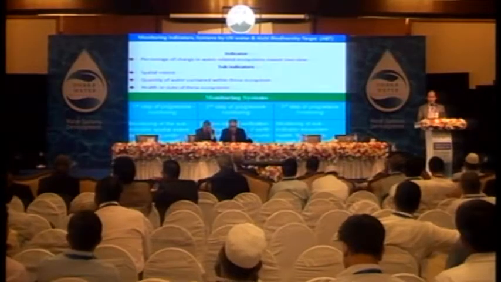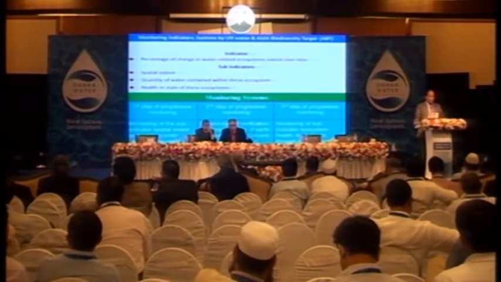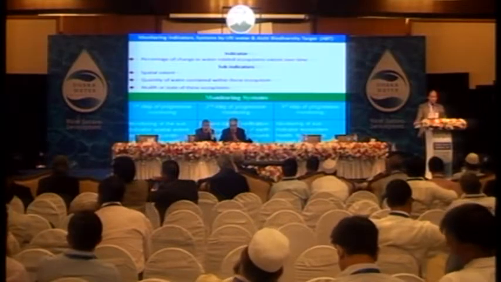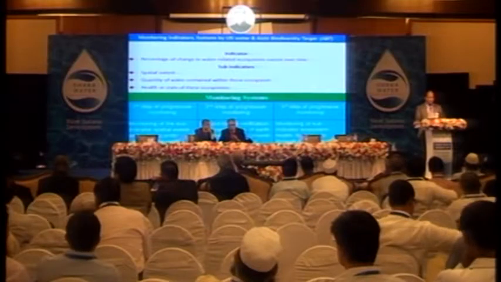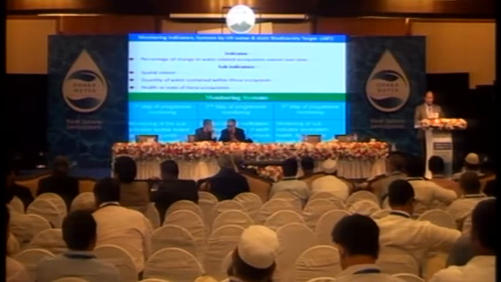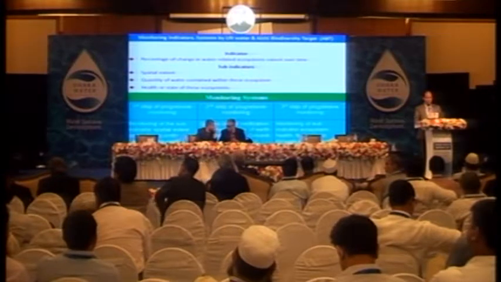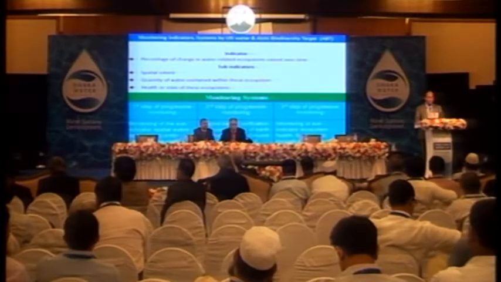Monitoring indicators and systems by UN Water and IC biodiversity target declared indicator: percentage of change in water-related ecosystem extent over time. Sub-indicators: spatial extent, quantity of water content within this ecosystem, health or state of this ecosystem. In the lower portion, you can see the 3 steps of monitoring.